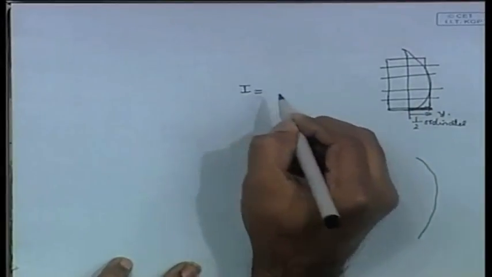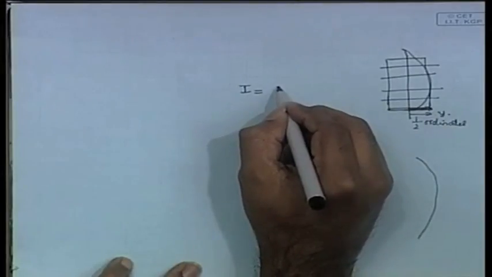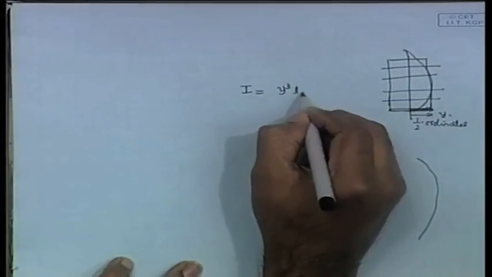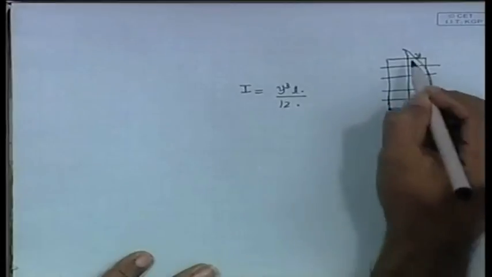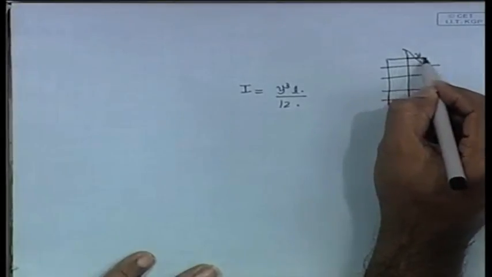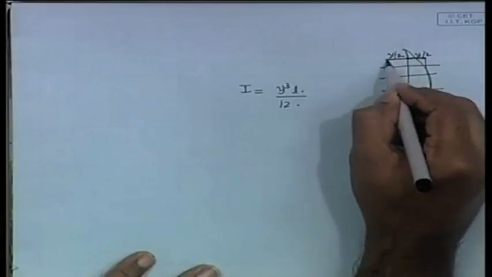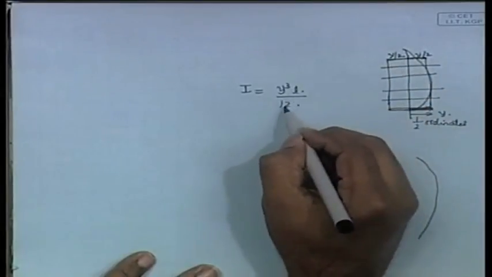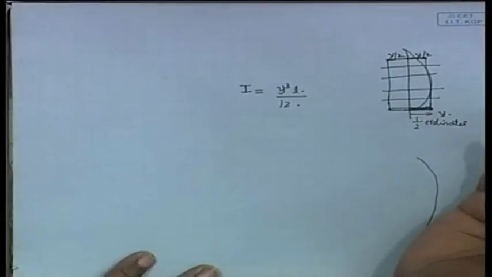Now how do we find I? I for a rectangle in general is given by half ordinate cube into L divided by 12. If this is y, let's call this y, and this is y by 2, y by 2. Then y cube into L by 12 will give you the I, the moment of inertia.